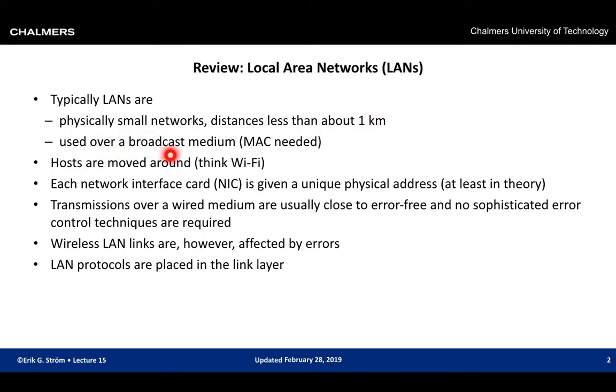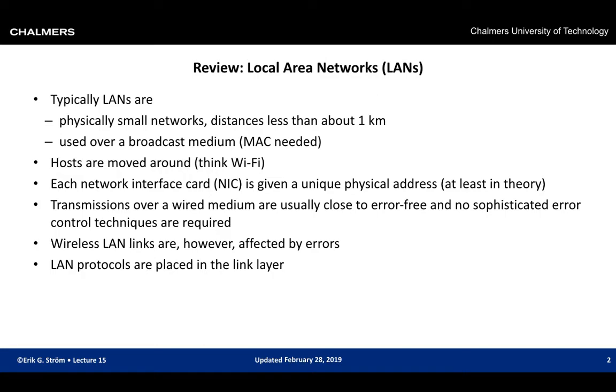And typically, at least in the beginning, it was used over a broadcast medium, which means that we need a medium access control scheme for this. Hosts are attached to this network. Remember, a host is like an end user, end equipment somehow, a laptop, cell phone, or something like that. Something which is at the edge that connects to the network.